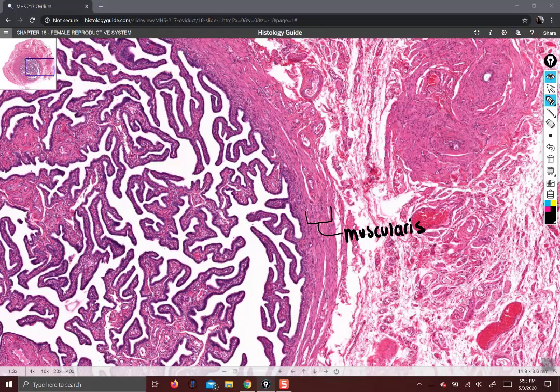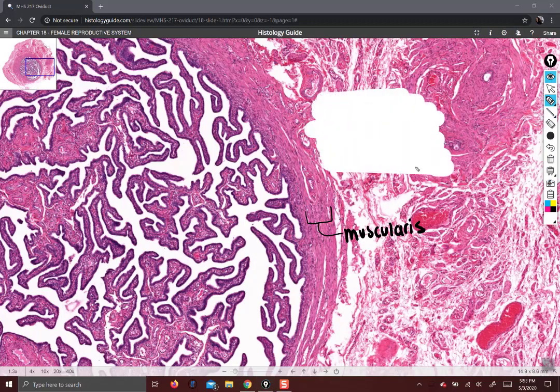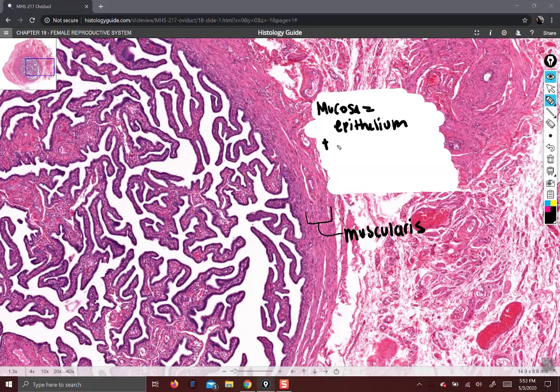So just to give you an idea of what I mean when I say mucosa, I'm going to label it over here. So the mucosa equals epithelium, which in this case is ciliated columnar, but not for all mucosa.